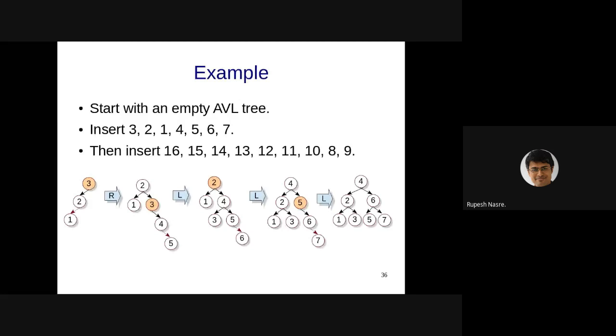So we were here where we had inserted the numbers 1 to 7 in some order, and we got the height balanced tree, which is what it should be. If I give you the numbers 1 to 7 and ask you to create a height balanced tree, the fully height balanced one is going to look like this, right? There could be other height balanced trees.